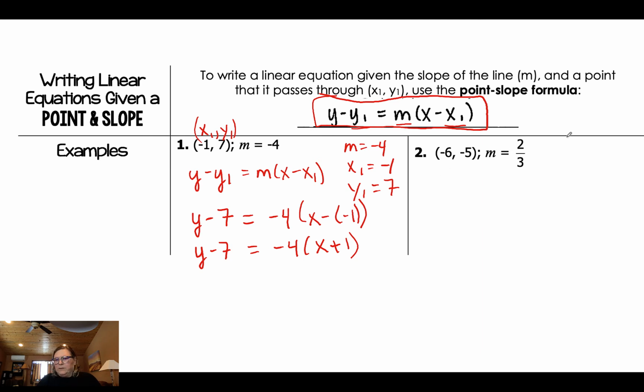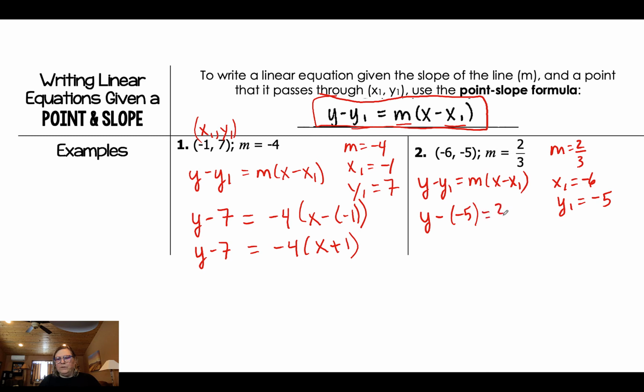All right, so here is my solution. So m is 2/3. x1 is minus 6. And y1 is minus 5. Rewrite my equation here. y minus y1 equals m times x minus x1. So y minus (minus 5) is equal to 2/3 times x minus (minus 6).